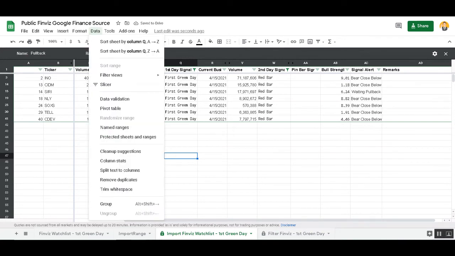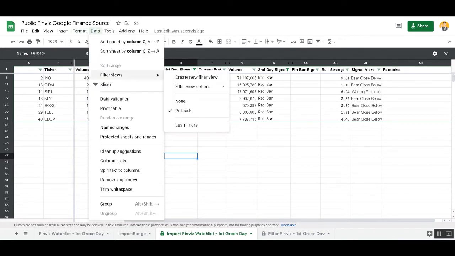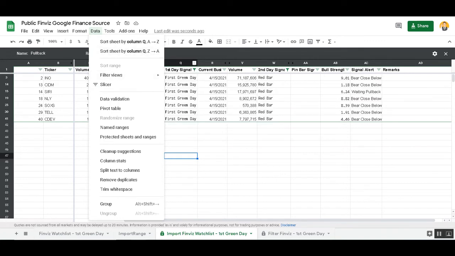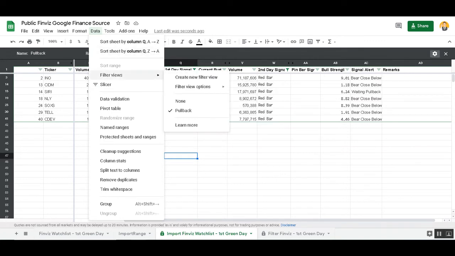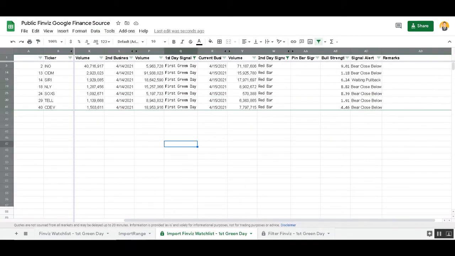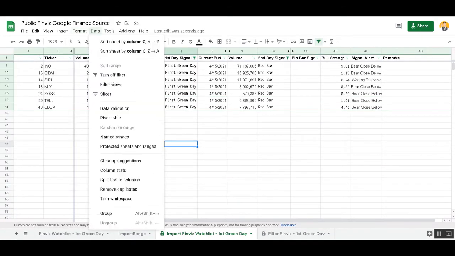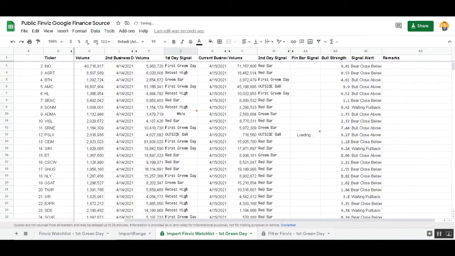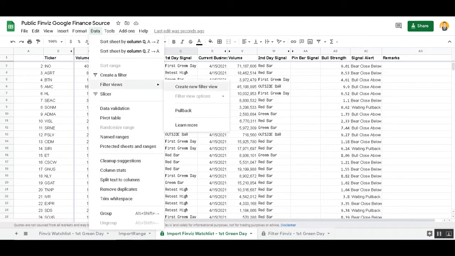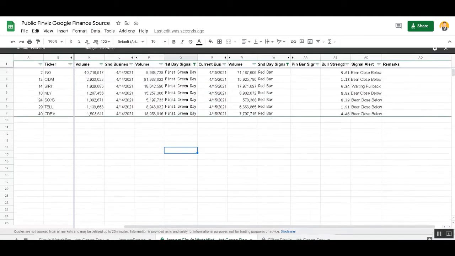So right now, if Google Sheets updated the list, and I do not want to go through the process of clicking here and there, all I have to do is go to data, filter views, and click on pullback.